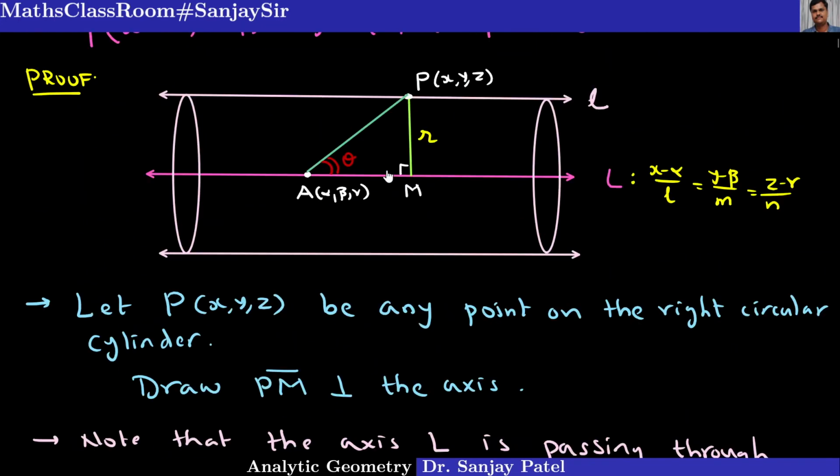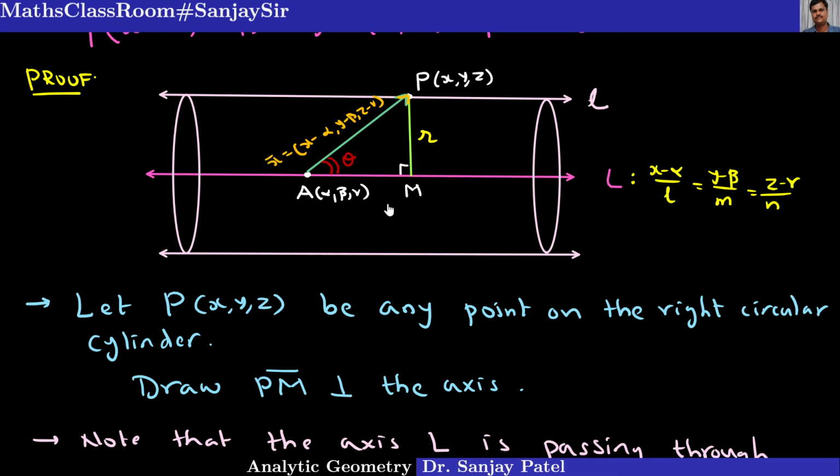Now in this figure we can understand that this vector AP, whose endpoints are alpha, beta, gamma and x, y, z, can be given by x minus alpha, y minus beta and z minus gamma. So this is the vector AP, and let me call this vector x bar.